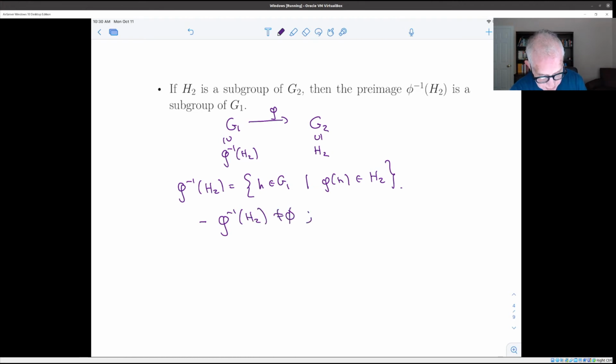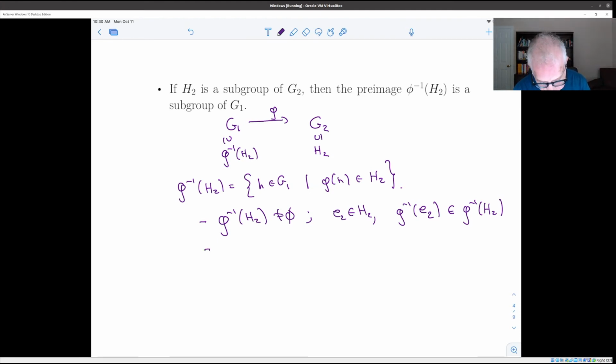But since E2 is in H2, phi inverse of E2 is in phi inverse of H2. So phi inverse of H2 isn't empty. Basically this is just saying that H2 isn't empty because it's a subgroup.